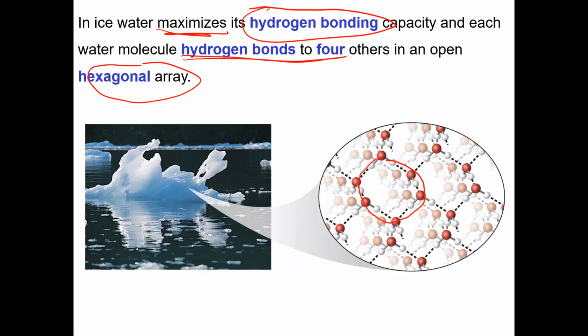It ends up having large open spaces in the structure. So when the water cools and the molecules begin to crystallize and align themselves to maximize hydrogen bonding, you end up with a relatively open structure, and as a result, ice floats on liquid water.